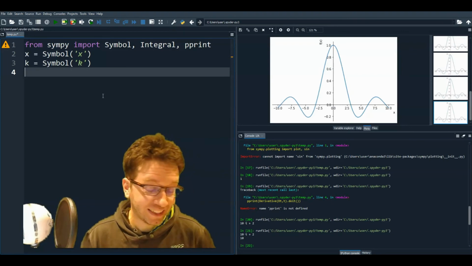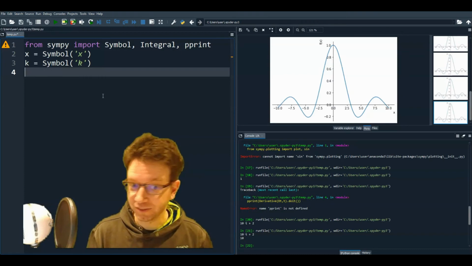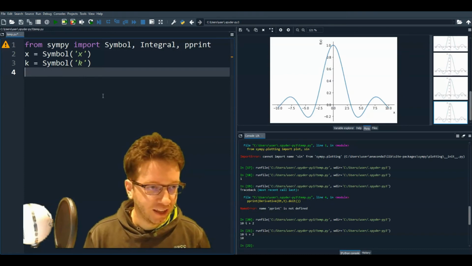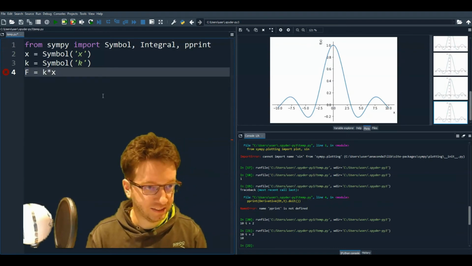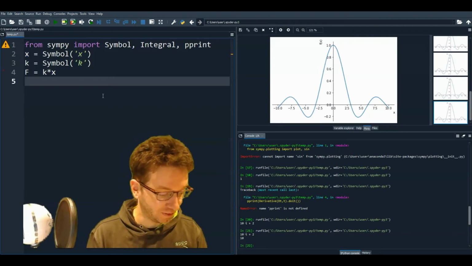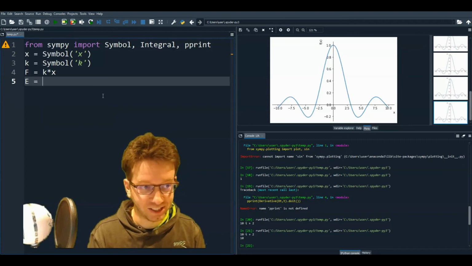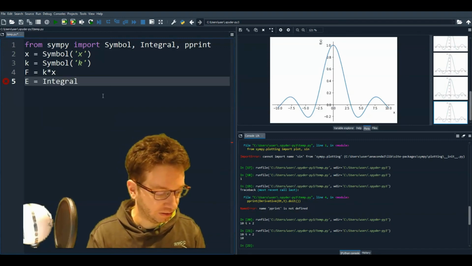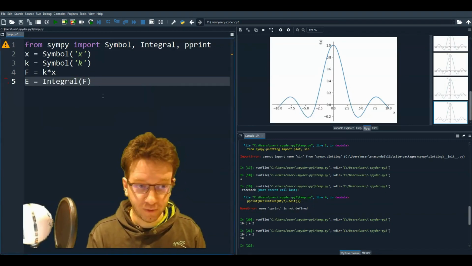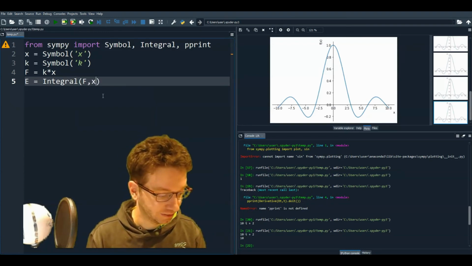So if you want to find the energy from a force, you need to find the integral of that force. So if the force is kx, I'm going to write force equals k times x. So that's our equation. And then I want to find the integral of this. So I'm going to type the integral, or let's call it energy, is the integral of the force with respect to x.